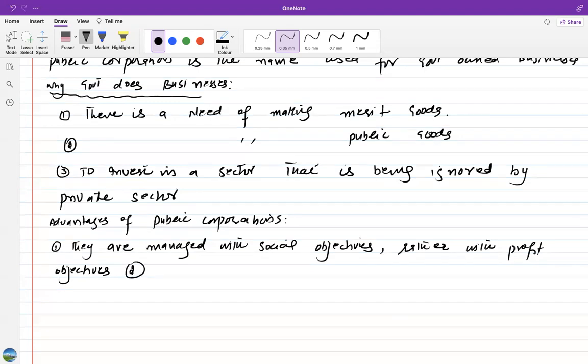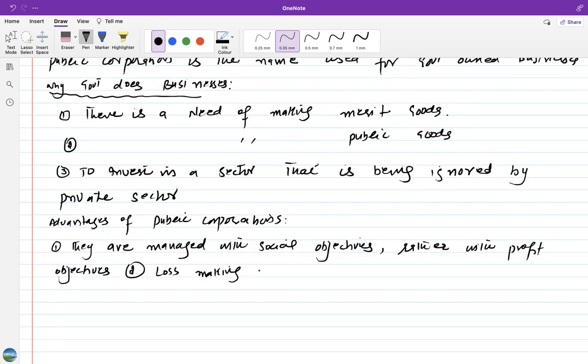Second, loss-making industries can still be continued with the help of government funding. In private sector businesses, the loss-making industries are immediately closed.